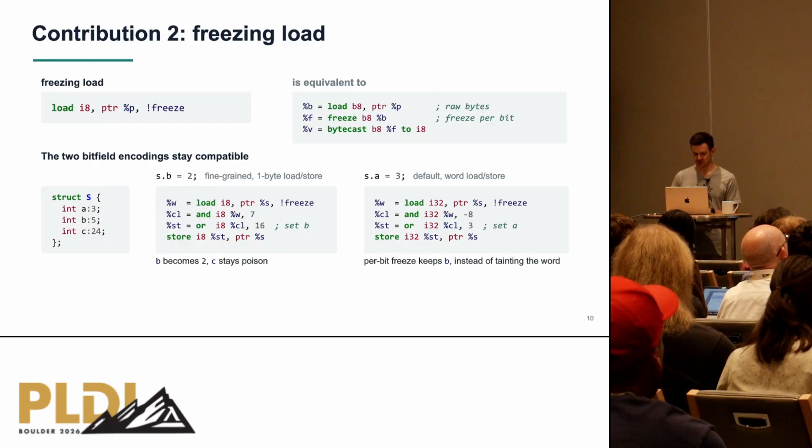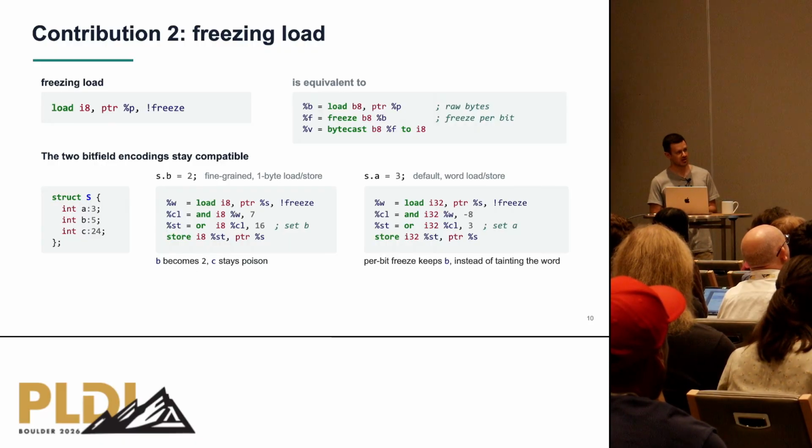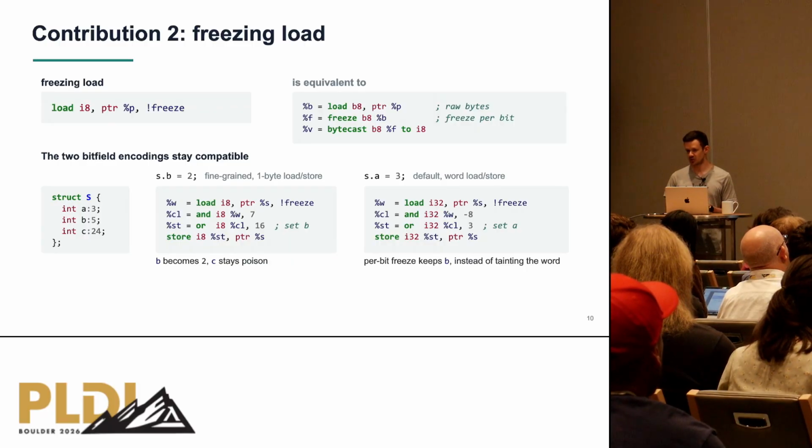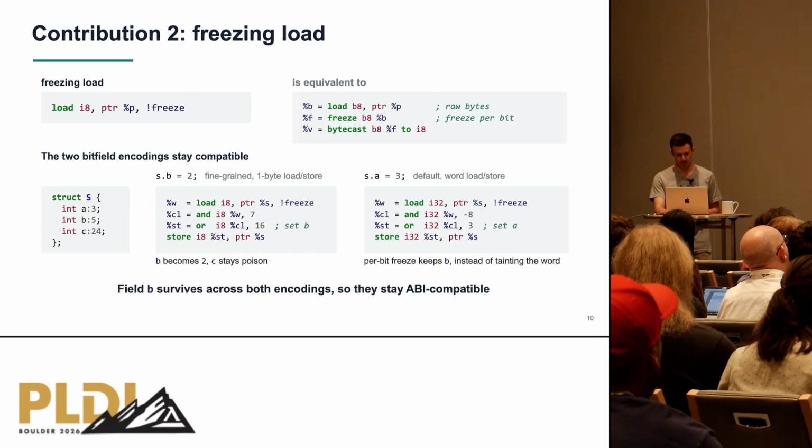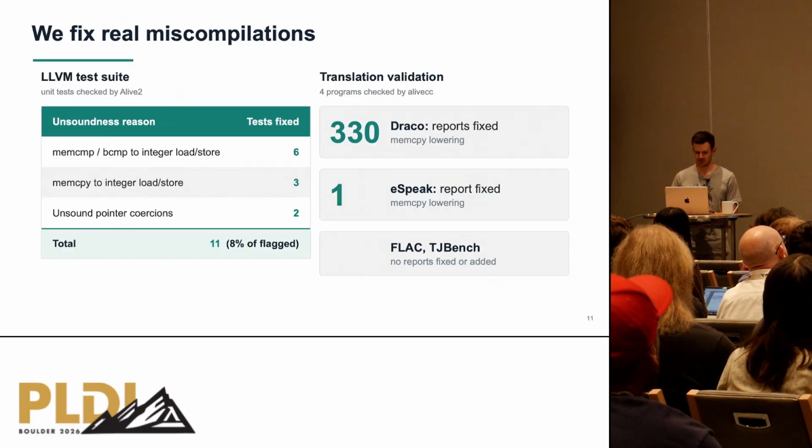So these 2 encodings should stay ABI compatible, and if we freeze the loaded value per bit, we avoid this poison spread. So when we write back to memory, we don't overwrite other possible existing fields. So yeah, with the freezing load, these 2 encodings stay ABI compatible.